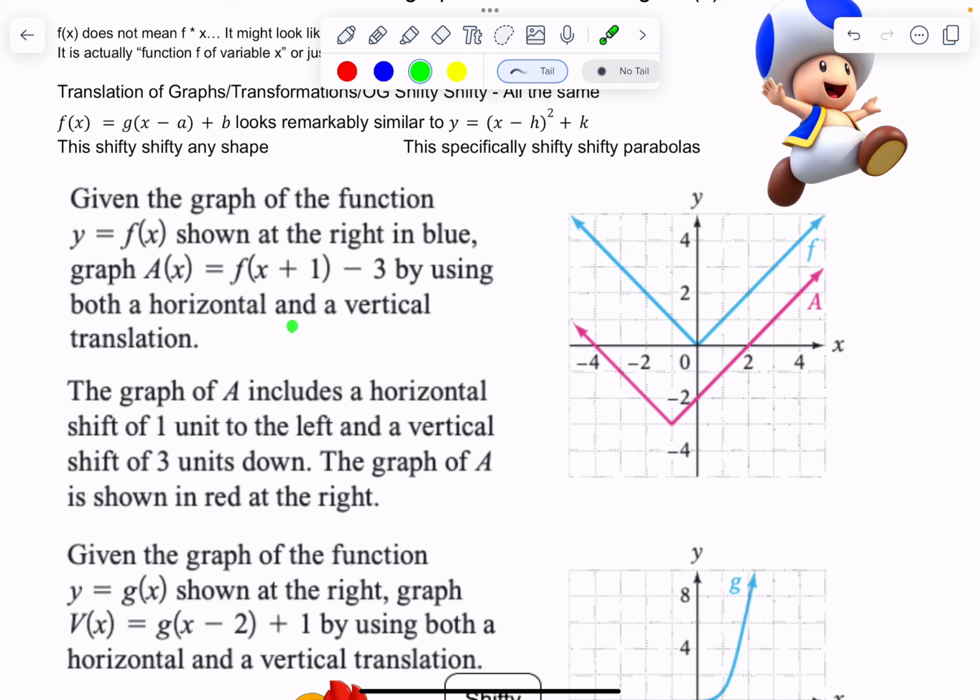The new origin is going to be, think of shifty shifty, if this was an h and this was your k, you would have negative 1, negative 3, sorry. So what was at this point is going to be shifted 1 to the left, going back 1, and then back down 3. That is your new point. Everything will match that logic. It's like chess.